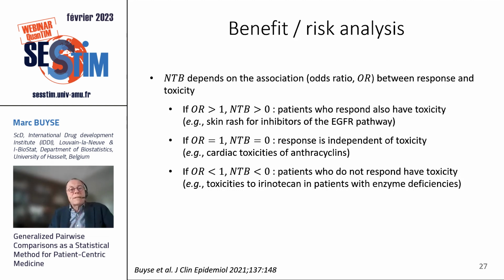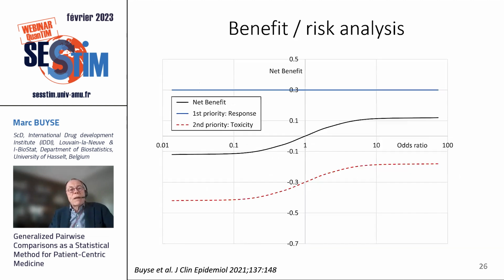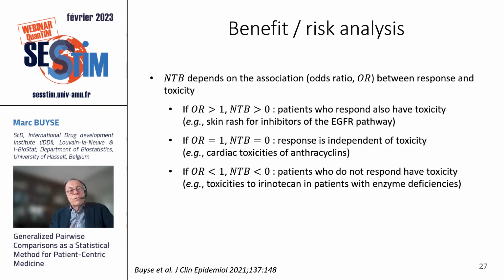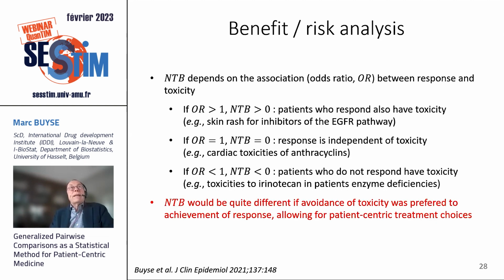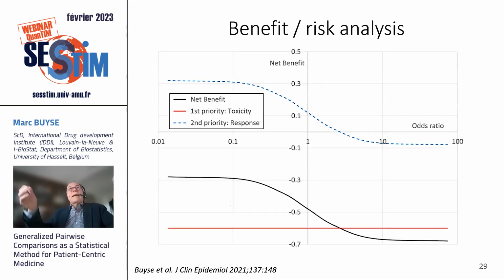So all three cases that I showed on my graph here can occur. And so it's important to account for the relationship, or the correlation, between the two outcomes. Now, of course, if I said, as a patient, I would prefer not to have a toxicity, I don't care much about response, but I don't want a toxicity, you could do the exact opposite analysis, which is to say, I'm going to prioritize toxicity first.